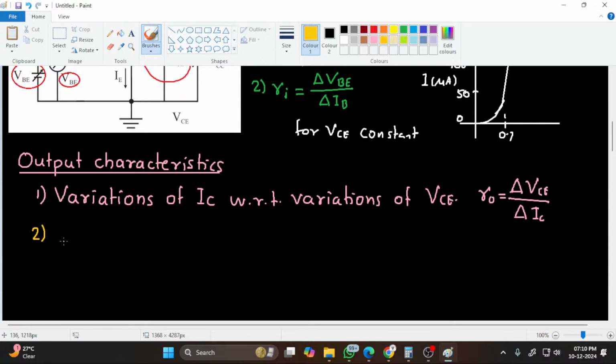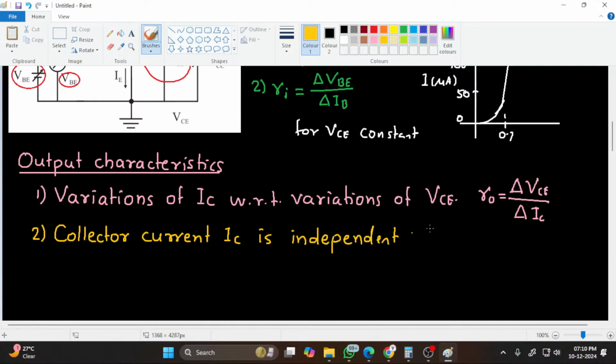The collector current IC is independent of VCE when the collector emitter junction is reverse biased.